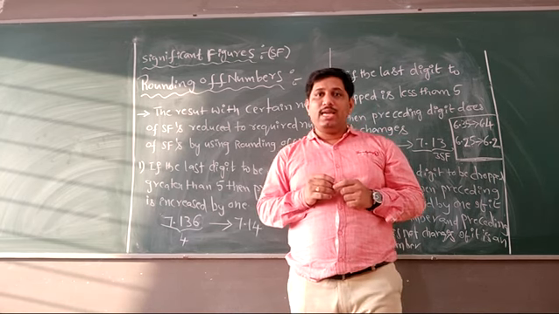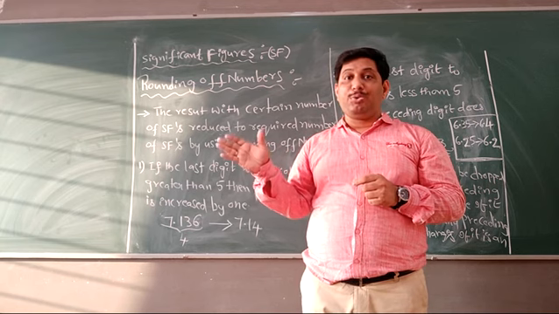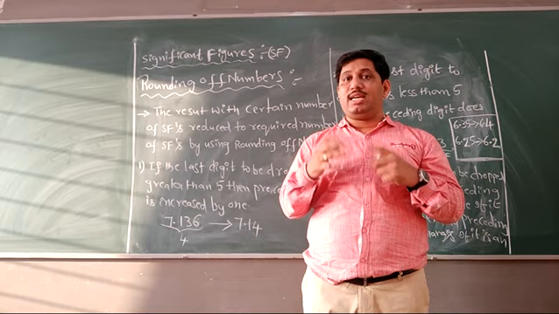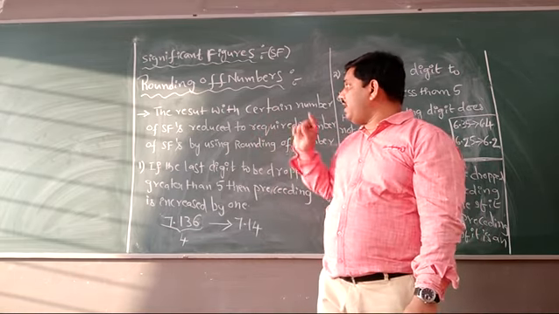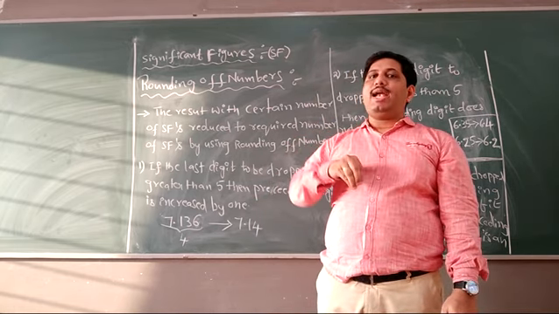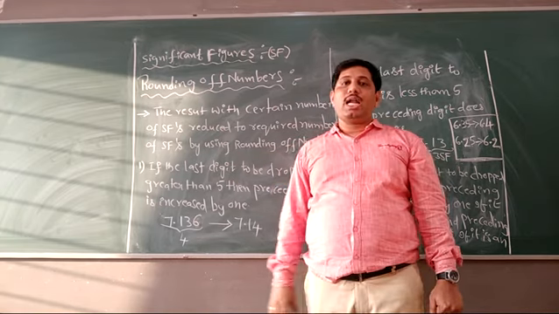For example, in some experiment it is mentioned to round the following numbers up to 3 significant figures, up to 4 significant figures. In those cases we use this concept, known as rounding of numbers.